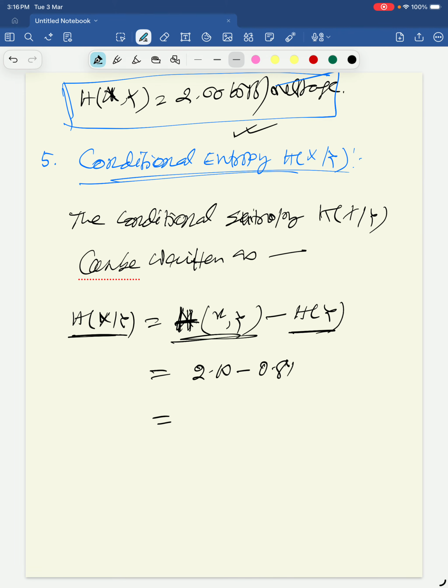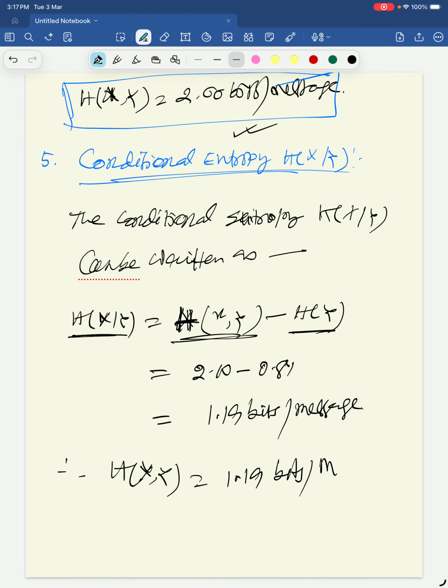So if we calculate, it will give 1.19 bits per message. Therefore, conditional entropy H of X by Y is equal to 1.19 bits per message.